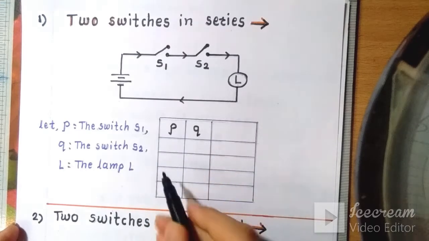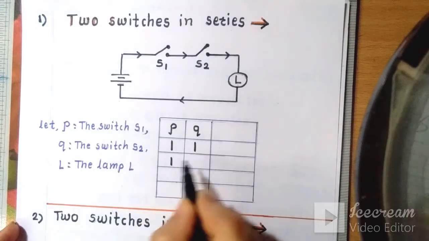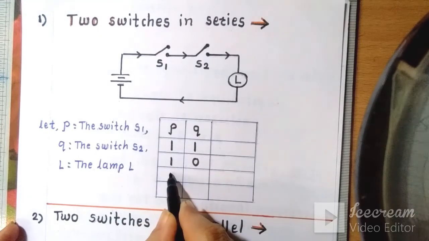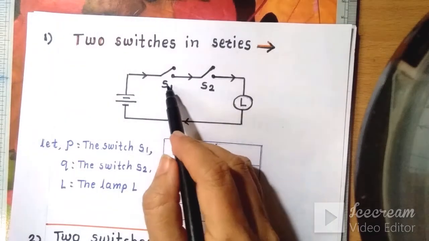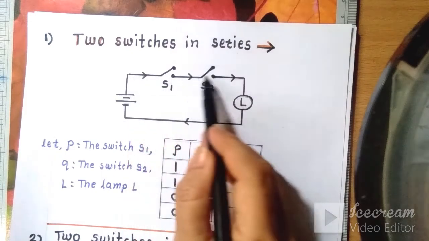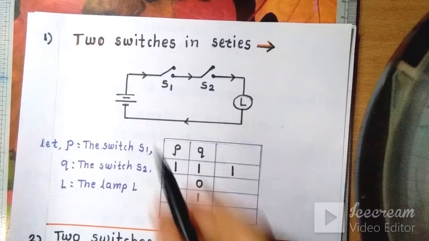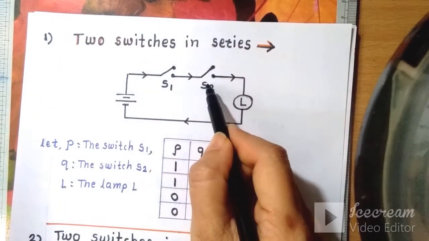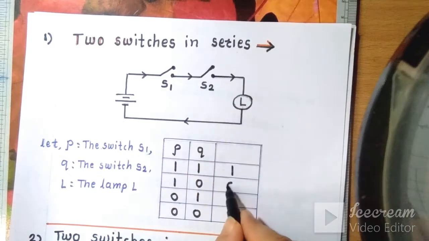So now again we are considering two statements, so there are four possibilities. Both switches are on. First one on, second one off. First one off, second one on, and both are off. Now see here, if both switches are on, current will flow and lamp glows. So we will write 1. First one on but second one is off, so current will pass up to here only and lamp does not glow.